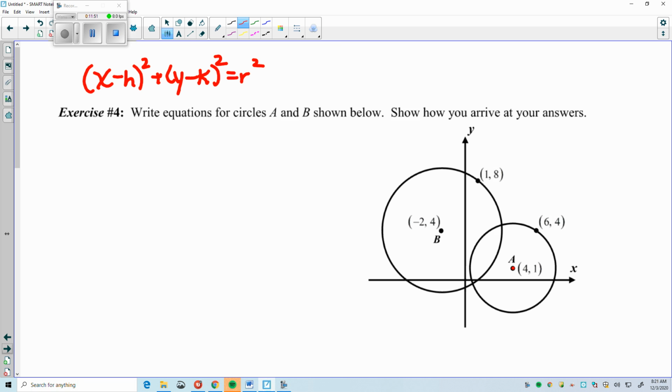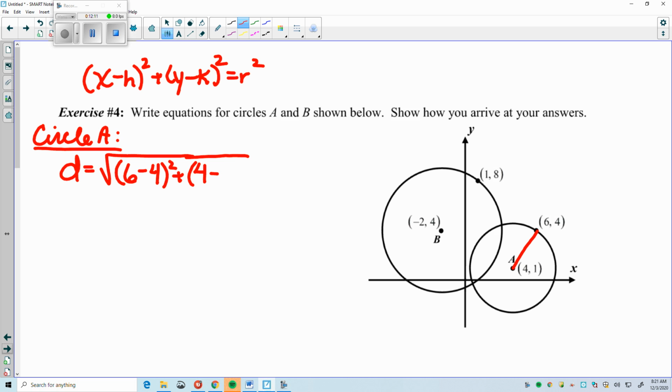You could do the distance formula. I'll show you that distance formula on this one here. So I'm working on circle A. If we were going to do the distance formula, remember the distance is the square root of (x2 - x1)² + (y2 - y1)².